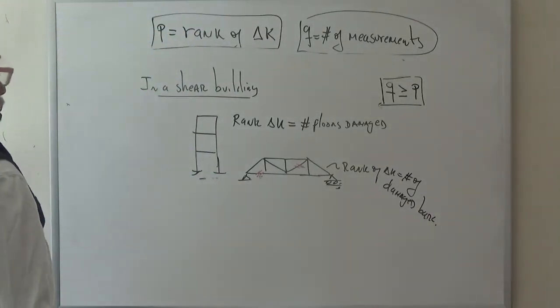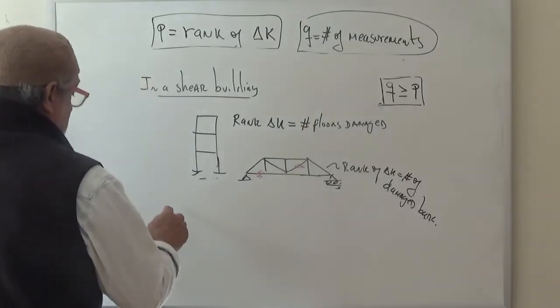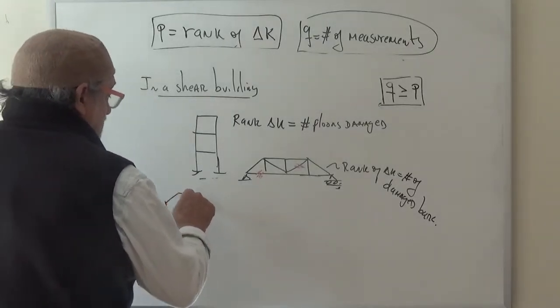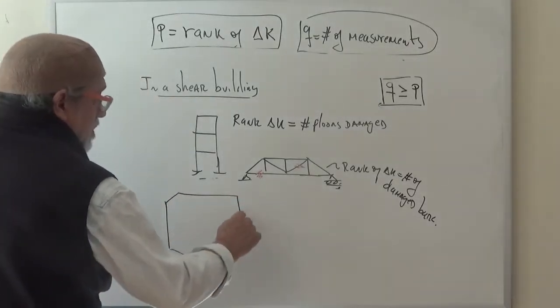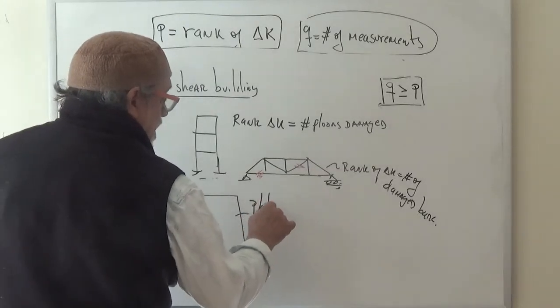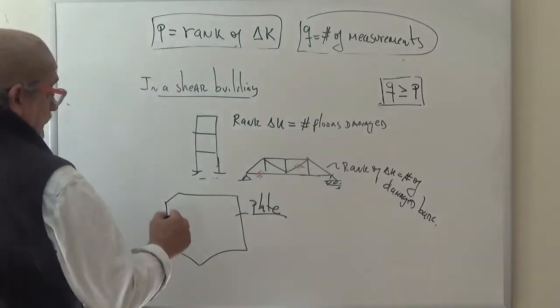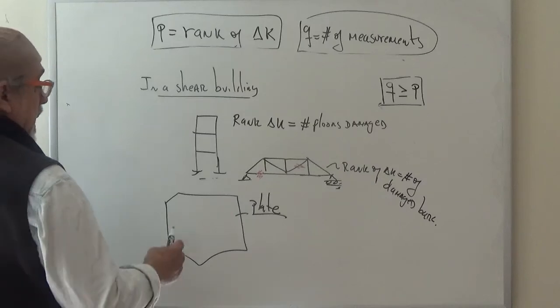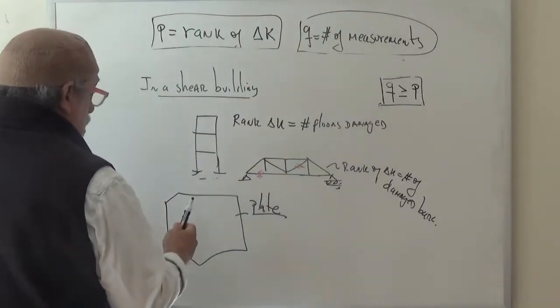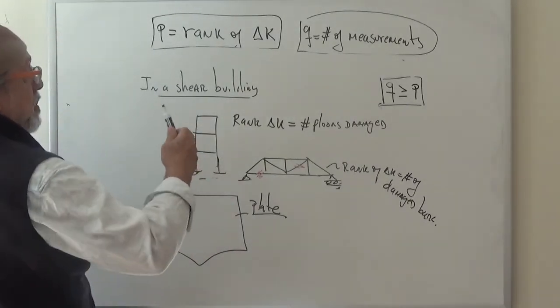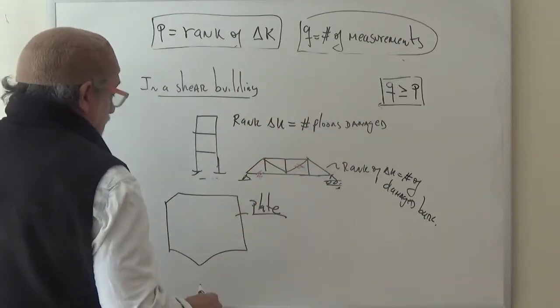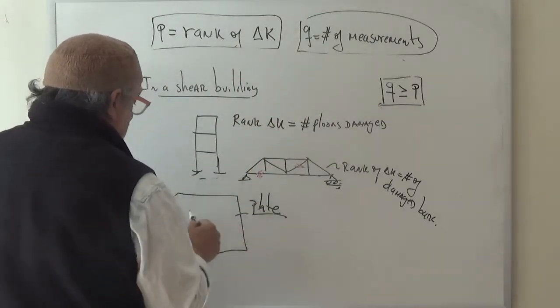If you go now to a more complex situation, let's say this is a plate. Now a plate is a continuum, and in a continuum we have problems because the equations of motion are partial differential equations.